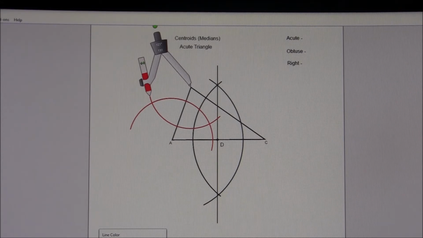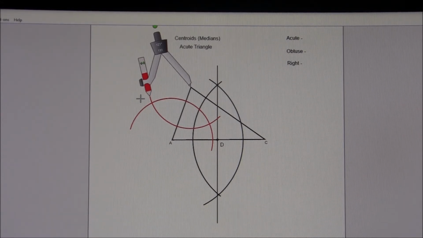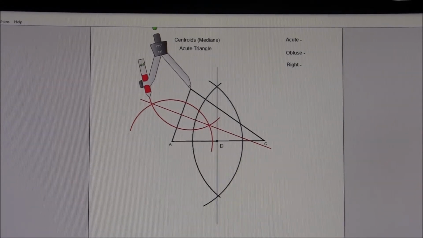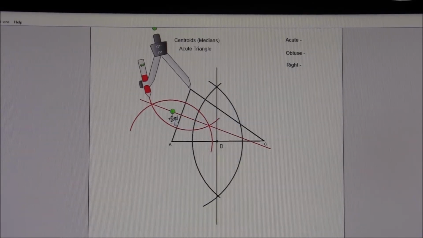And this will get easier once you start knowing how to construct these basics. Right there. Let me call that point E. Okay.